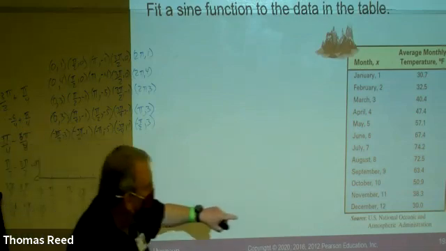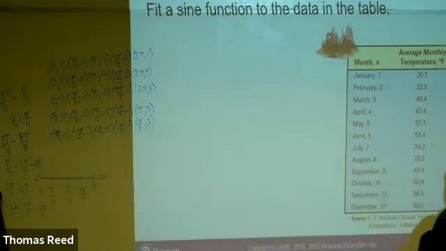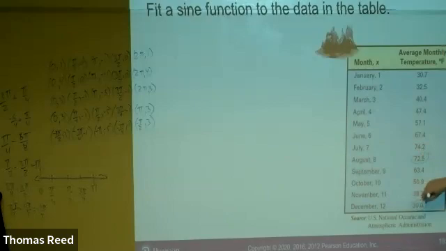So you look at the high values here. The highest is 72.5. And the low values, well, there's 30 at 30.7. So I would take the average of those two, which is 30.4.